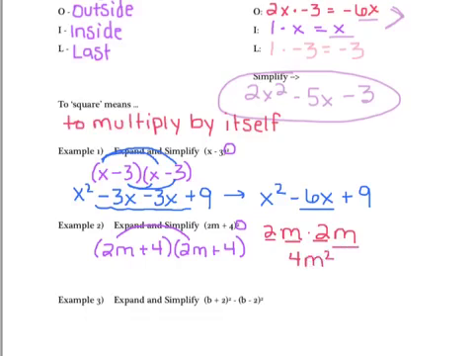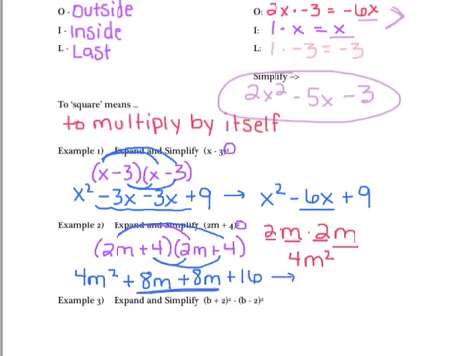So 2m times 2m is 4m squared. 2m times 4 is going to be 8m. 2 times 4 is 8. 4 times 2m is 8m. And 4 times 4 is 16. Combine your middles. You would end up with 4m squared plus 16m plus 16.